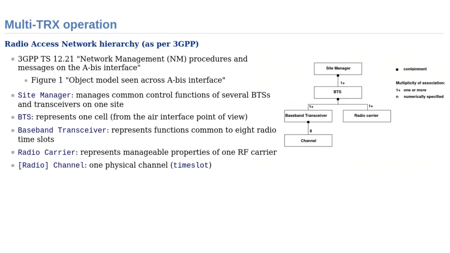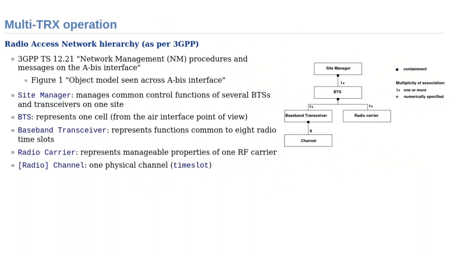And one entity is the baseband transceiver, another is the radio carrier. And the key point here is that the baseband transceiver itself is not directly assigned to any particular frequency or a set of frequencies. So it's just like a group of 8 time slots. And channel is exactly how they call time slots here. So it's a channel, or sometimes in Wireshark it's radio channel.